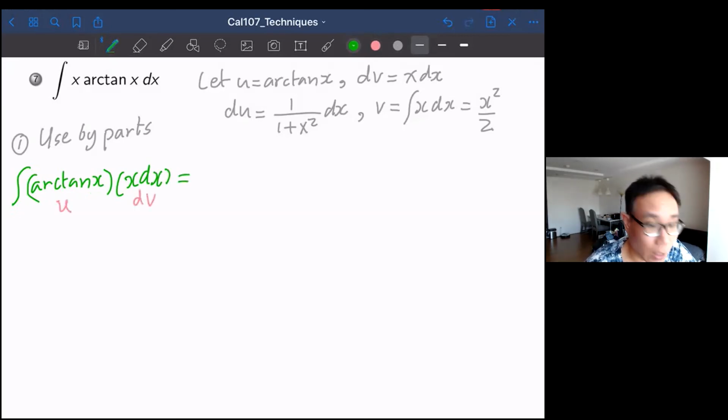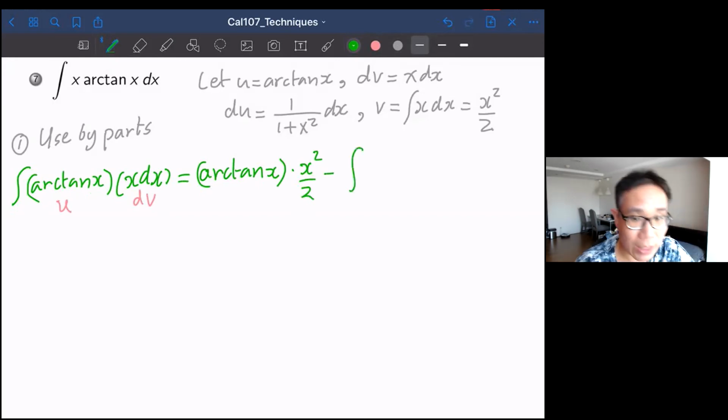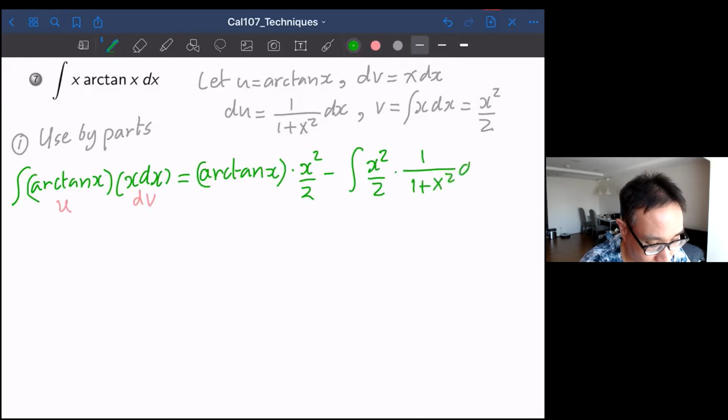So you get uv, which is arctan x multiplied by v, which is x squared over 2, minus the integral of v, x squared over 2, times du, which is 1 over 1 plus x squared dx.